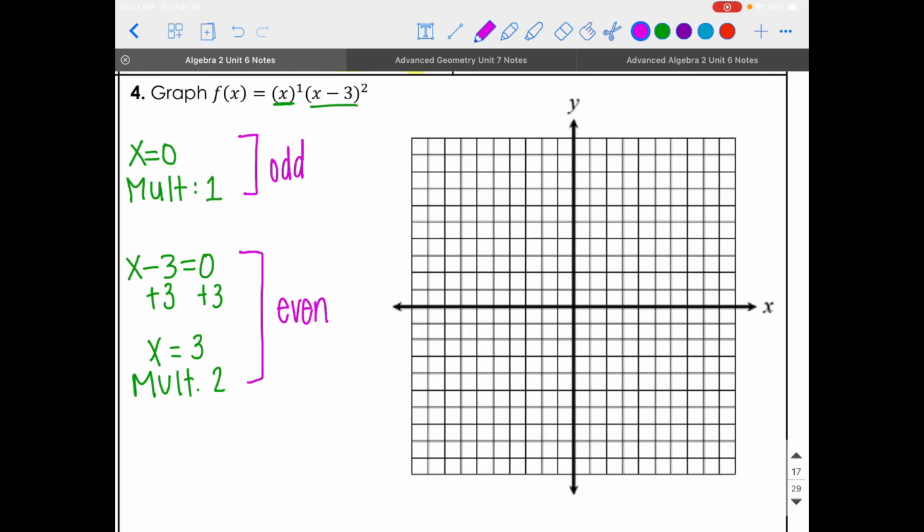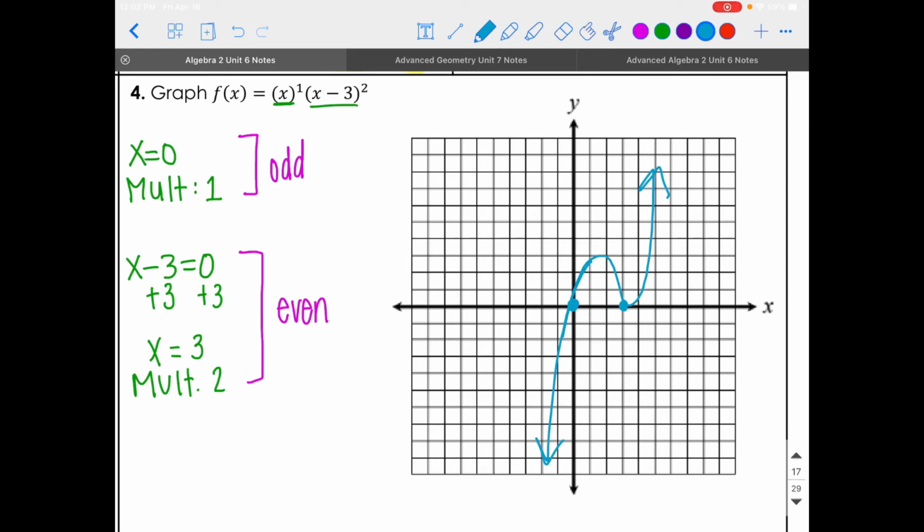I don't care if you go to the table or not. We do know that we have points at 0 and at 3. Those are my x-intercepts. And this is what the graph looks like. That.